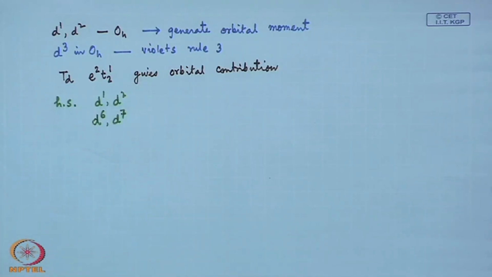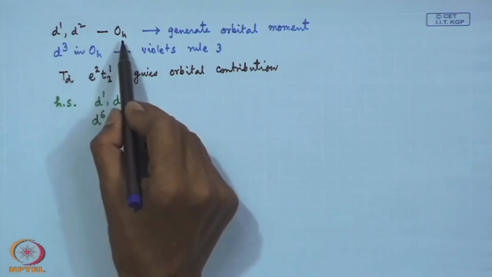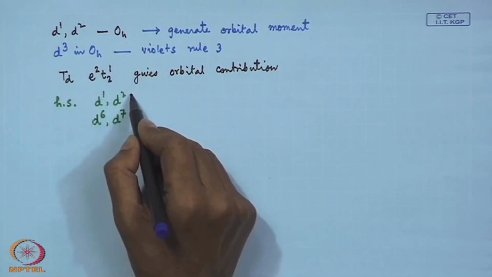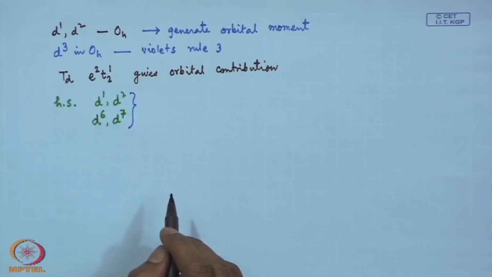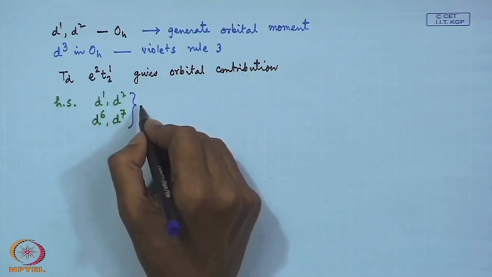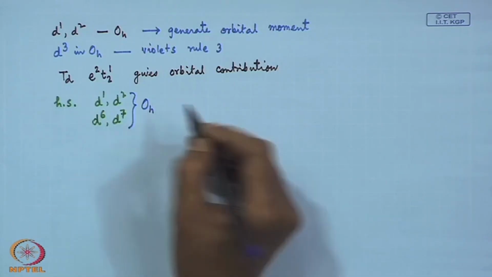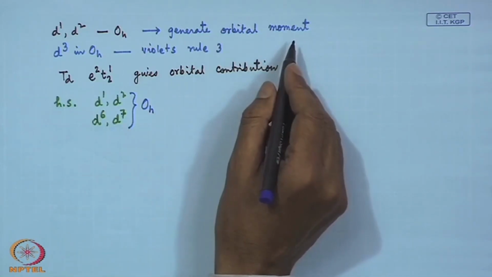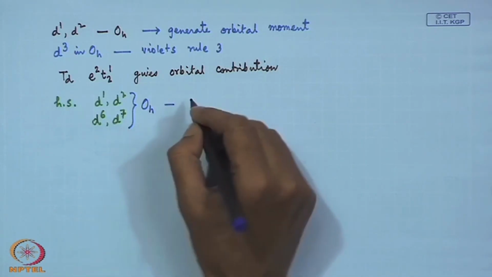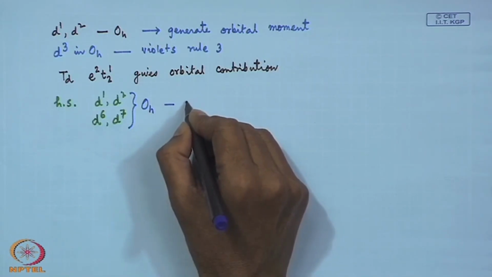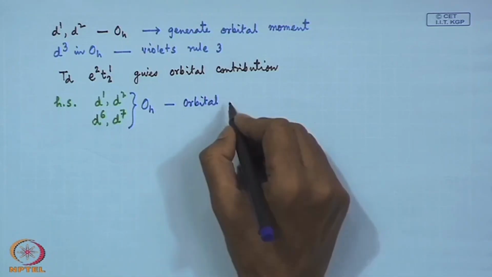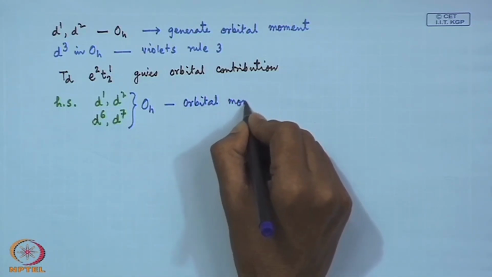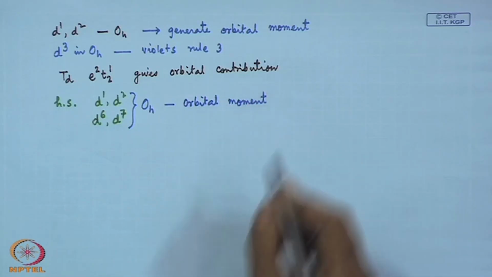So, likewise what we see for this d1 and d2 case in octahedral geometry, similarly the d6 and d7 also can have in octahedral geometry this orbital contribution. So, can have orbital magnetic moment.